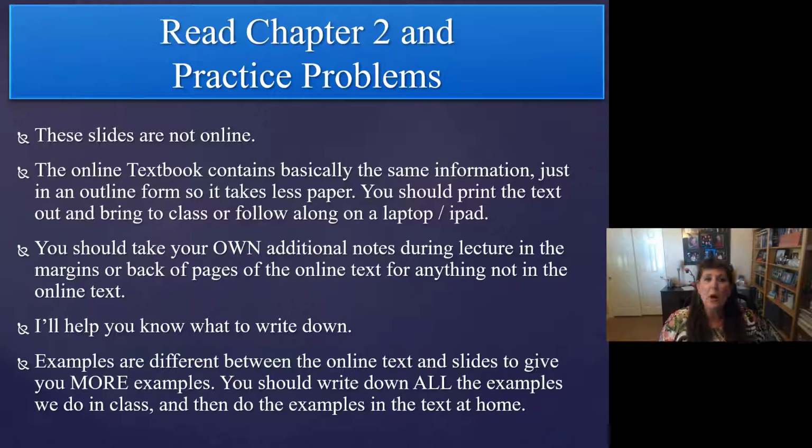But the PowerPoints aren't released anywhere on the website because we have the book. The chapters are part of the book and contain basically the same information. So you don't really need to have both of them. You don't need the chapter and the PowerPoints because they're the same information. So we just gave you the chapters because they take up less paper to print.